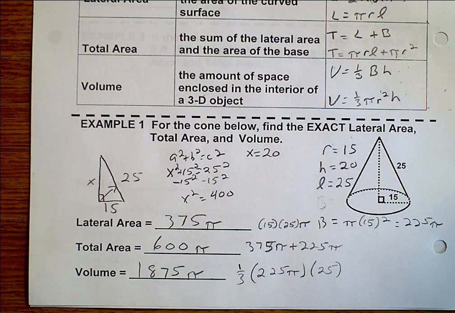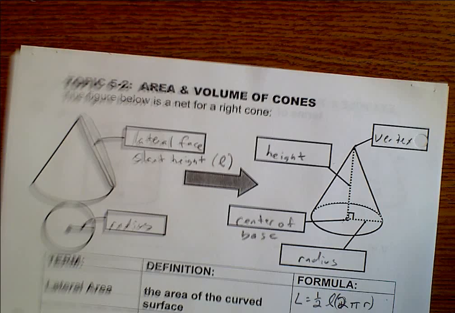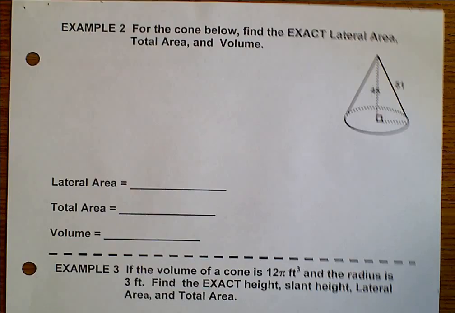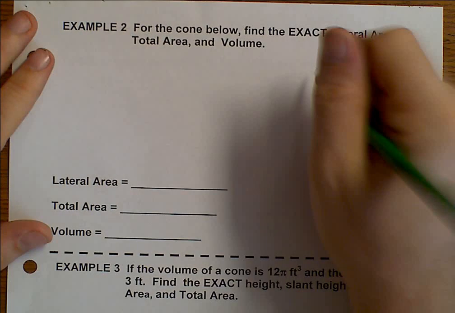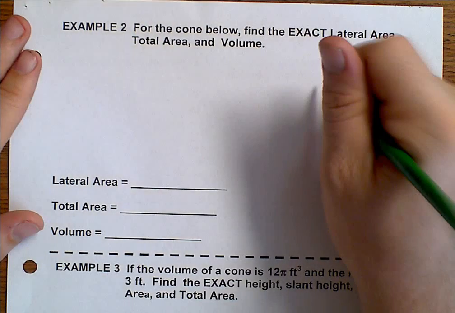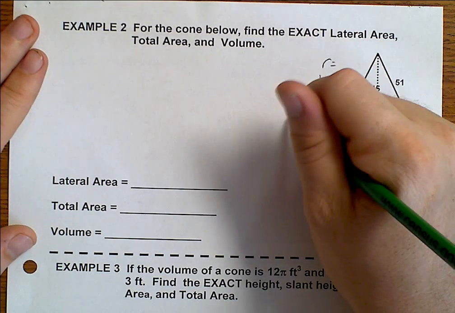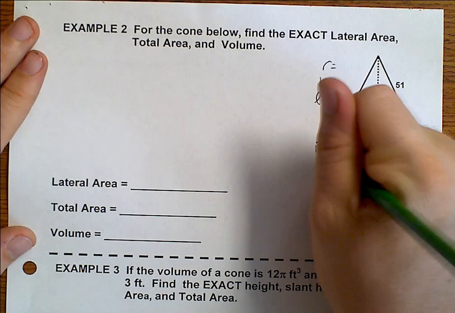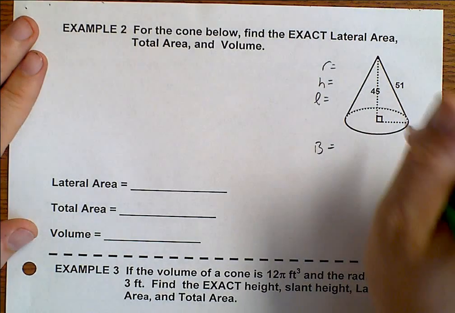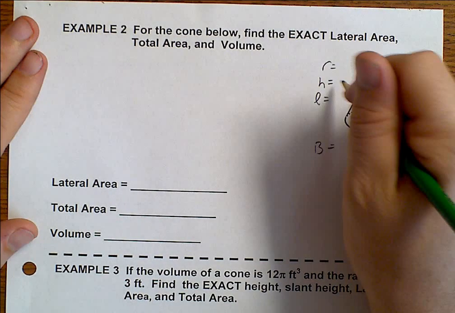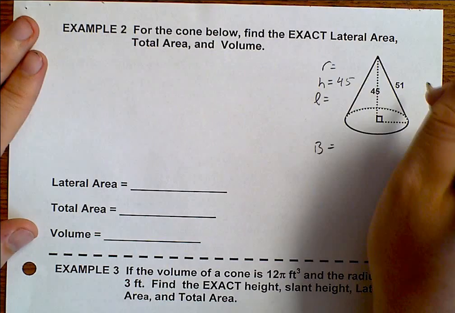Let's go ahead and take a look at example number 2. We need r, h, l, and b. Well, they did not give us our radius. They gave us a height of 45 and a slant height of 51.